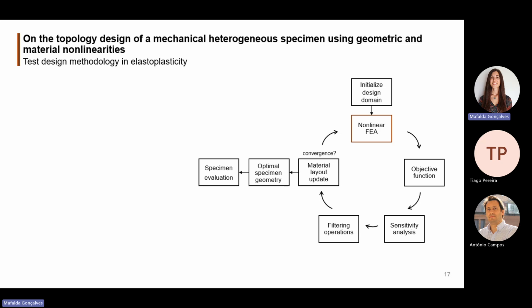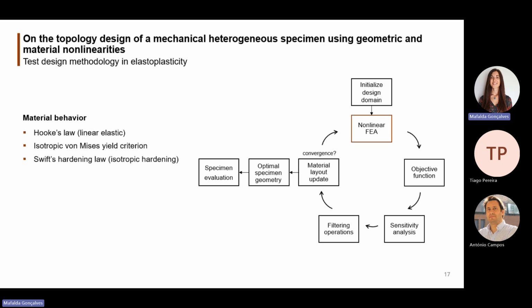The main difference to the previous methodology lies in the way that material behavior is modeled. Previously, Hooke's law was used to model the linear elastic behavior. Now, a von Mises criterion was included, and also a hardening law to model the plastic behavior of the material.